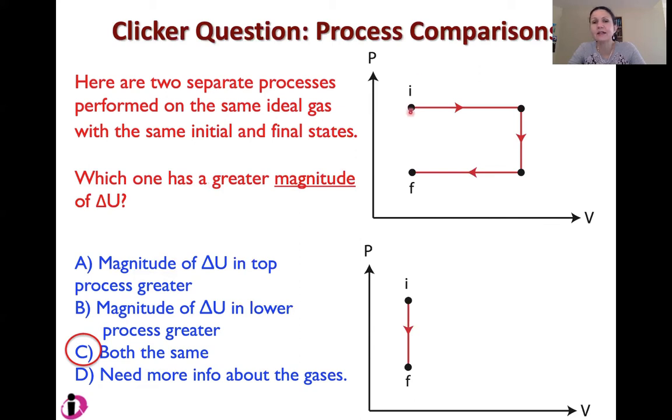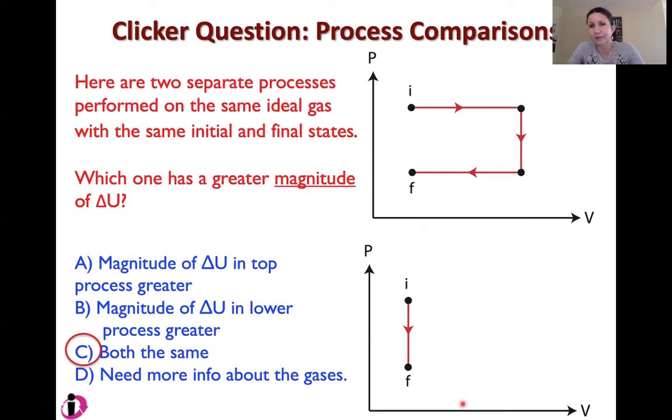So it doesn't matter that here it took a very different process to get from initial to final compared to here. What matters for state functions is just the initial and final state. And because they have exactly the same initial and final states, then the difference in internal energy has to be the same.